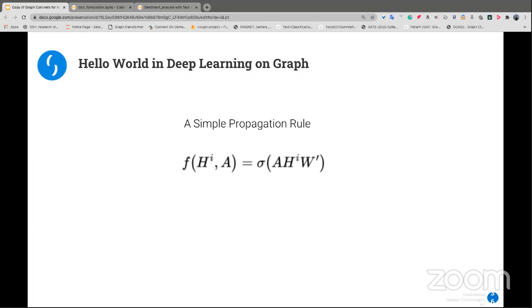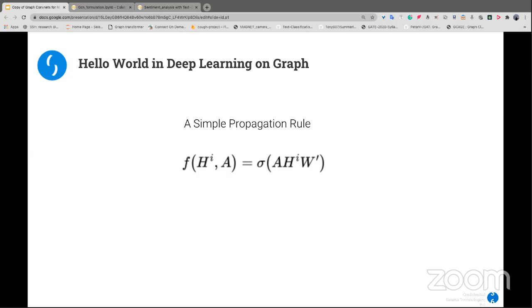A simple rule: W is the weight matrix for layer I, and sigma is a non-linear activation function, such as ReLU or any other. The weight matrix has dimension F into F plus 1. In other words, the size of the second dimension of the weight matrix determines the number of features at the next layer.